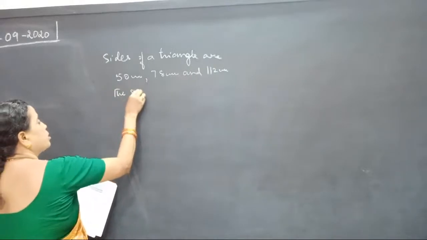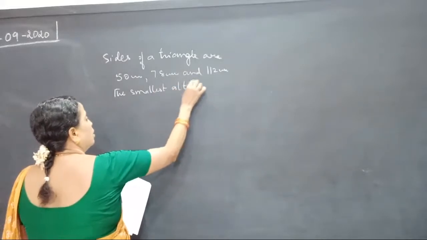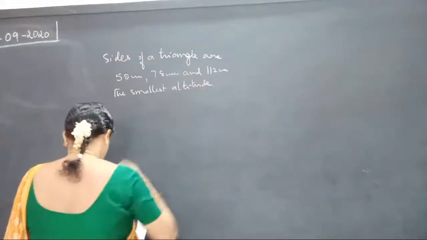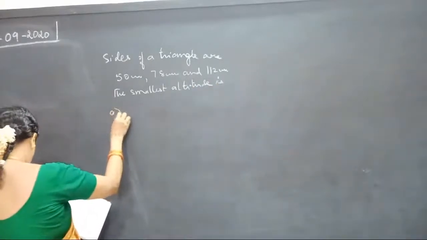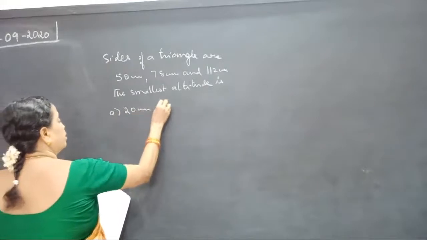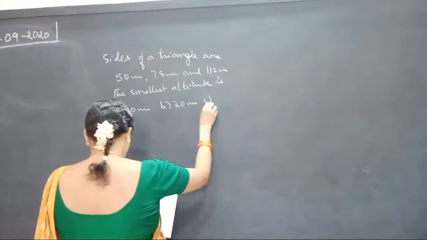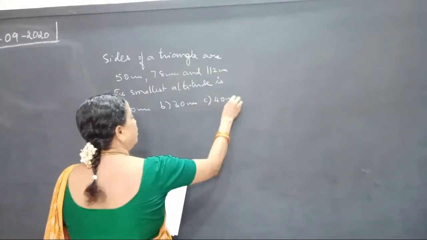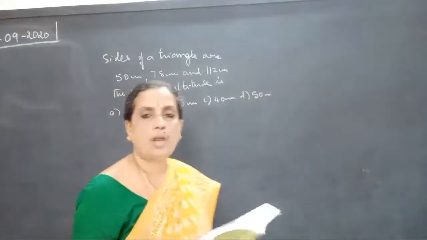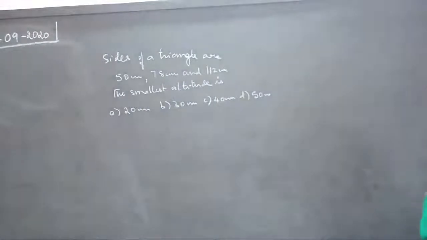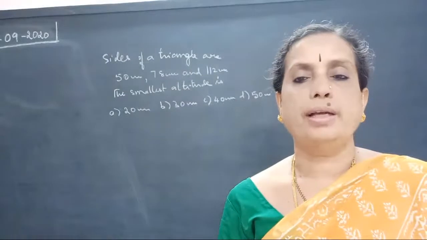The smallest altitude is: option A 20 centimeter, option B 30 centimeter, option C 40 centimeter, D 50 centimeter. Smallest altitude is the altitude drawn from the opposite vertex to the longest side of the triangle.